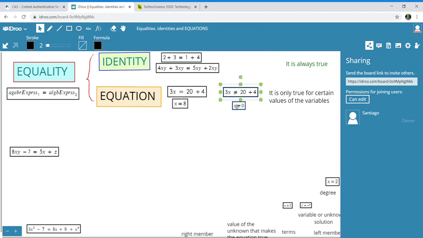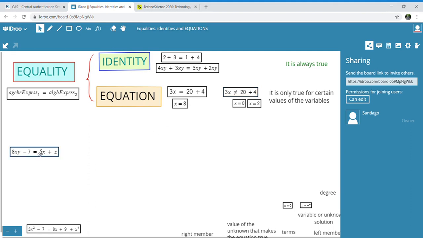So if you give the value x equals 0, then the equality is not true. This is why this type of expression is called an equation. There are more possible values that make the equality not true. For example, 3 times 2, 6, is not 24. Then, again, it's not equal.